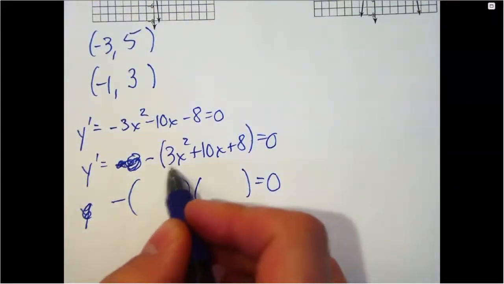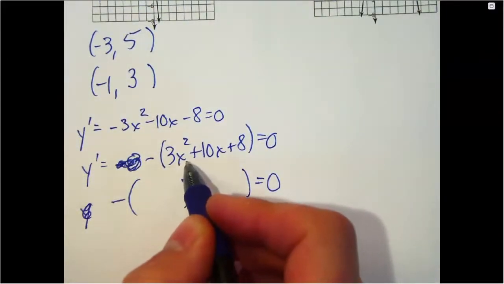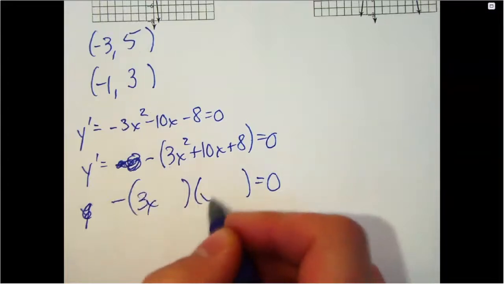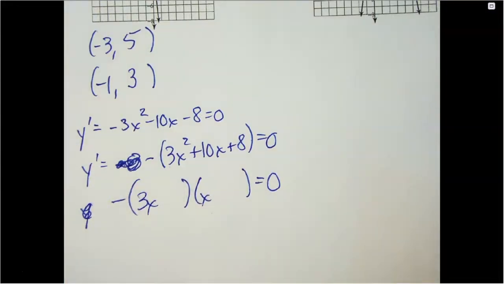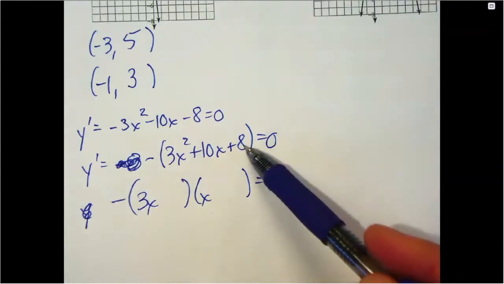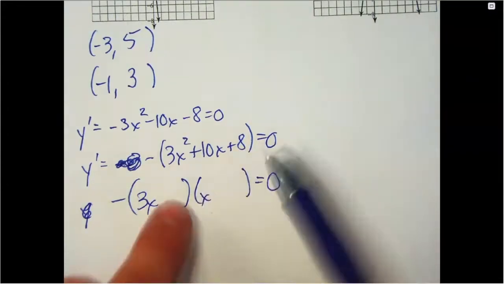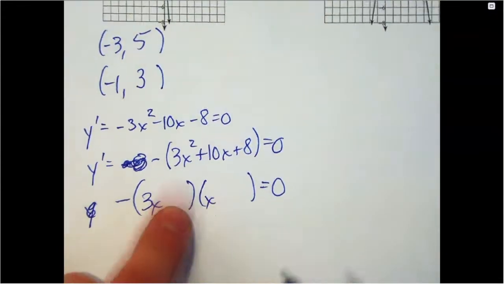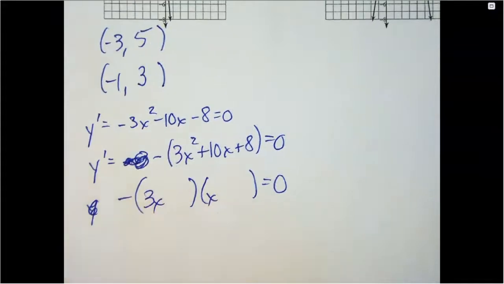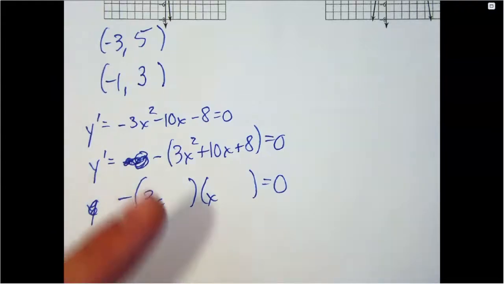So I know that 3x² must be 3x times x, right? That's the only possibility. But then the 8, it could be 8 times 1, with the 8's here and the 1's here, or the 1's here and the 8's here. It could be 4 times 2, in either spot. It could be -4 and -2, in either spot. It could be -8 and -1, in either spot.